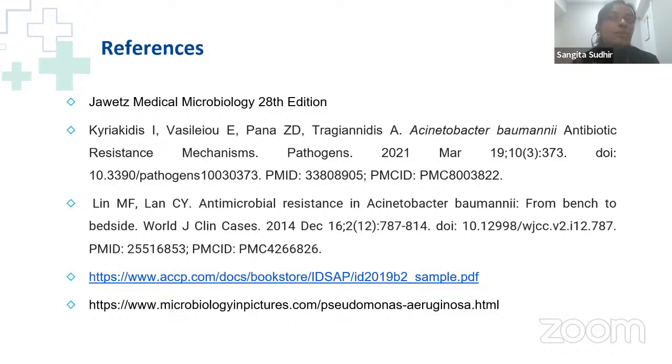Prolonged placement of medical devices could be another risk factor. All of these are majorly contributing to the high morbidity and mortality.